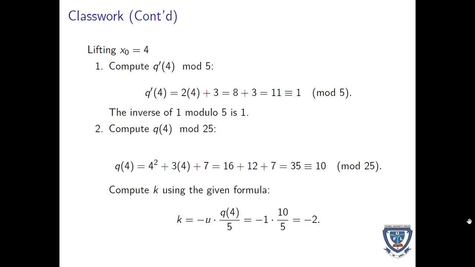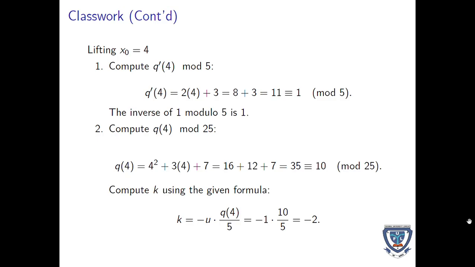Moving forward, at x equal to 4, Q prime at 4 modulo 5 will give us 11, which is the same thing as 1 modulo 5. And the inverse of 1 modulo 5 is 1. When you compute Q at 4 modulo 25, you're going to have 35, which is the same thing as 10 modulo 25.